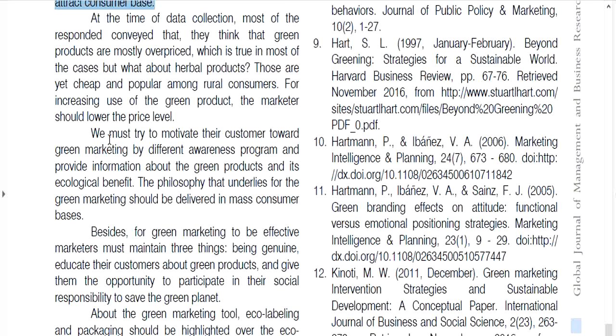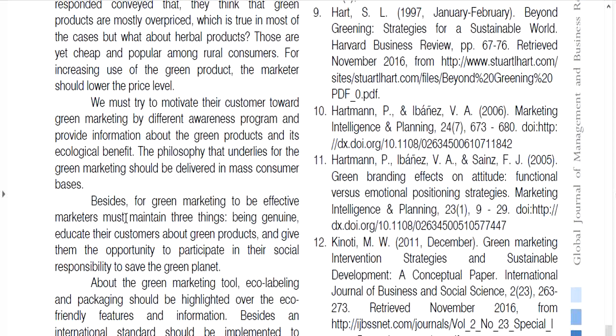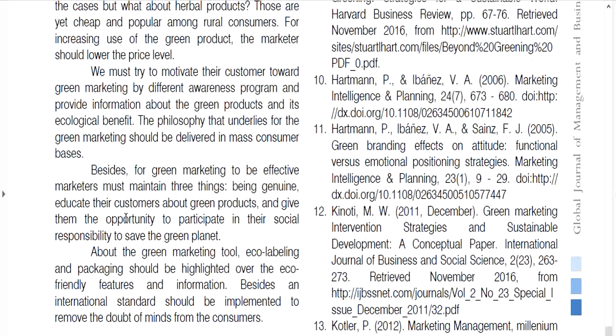Then it's telling that we must try to motivate the customer toward green marketing by different awareness programs and provide information about the green products and their ecological benefit. The philosophy that underlies green marketing should be delivered on a mass consumer basis. So the study is telling that we can motivate consumers towards green marketing.